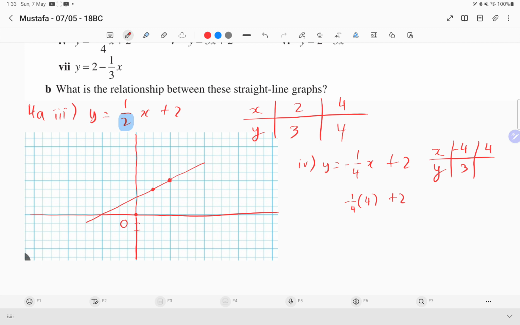It's still negative 4 and 4, which is negative 1 plus 2, so 1. Yes. Okay, so negative 4, 3 and 4, 1.